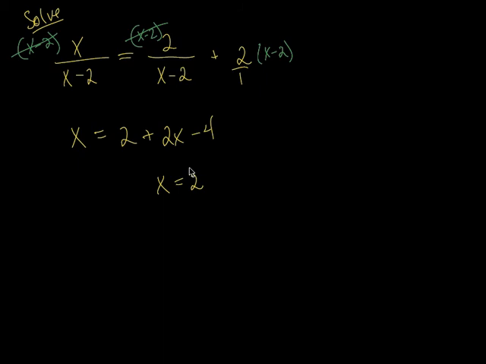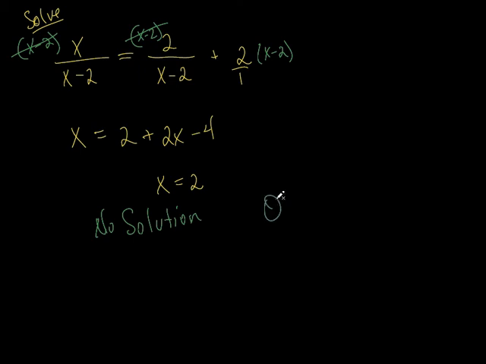But when you got to Algebra 2, something weird started happening. You started working stuff out, and you're like, wait a minute, that doesn't work. I can't put it back in and it works, can I? So that's the situation right here. So what do we say? There's no solution.